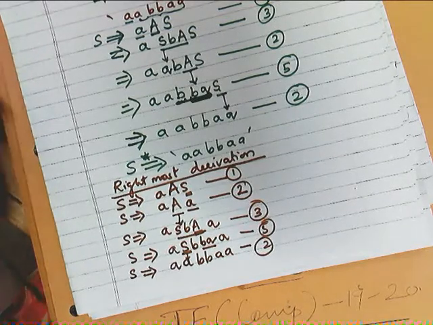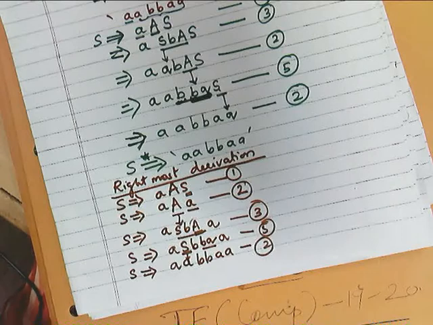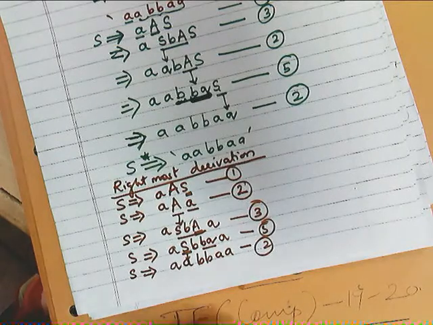I hope this is clear to you, how to derive a given string from the given grammar using the leftmost and rightmost derivation.